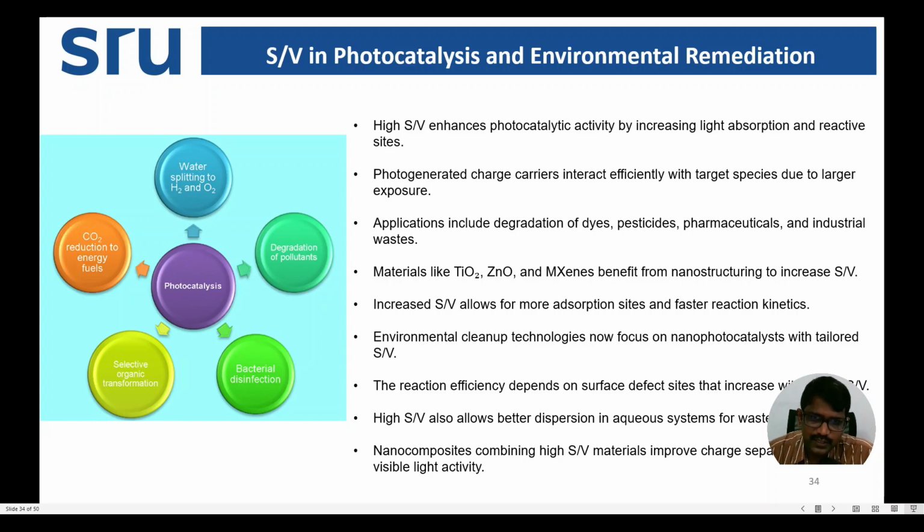Okay, applications include degradation of dyes, pesticides, pharmaceuticals, and industrial waste. So we can treat air pollution and water pollution, right? For example, if you consider the textile industry, it uses many colors, so many dyes.